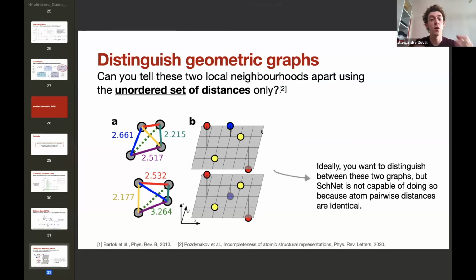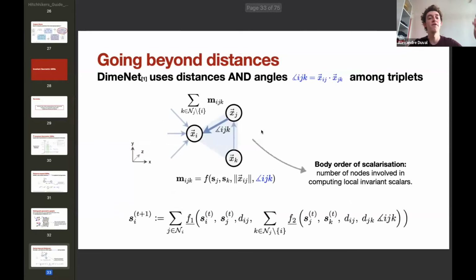Therefore, SchNet will receive exactly the same set of inputs for these two graphs, and it won't be able to assign a different label to these two graphs, even though they have different properties. They're not the same in 3D space. And that's how the field evolved from there.